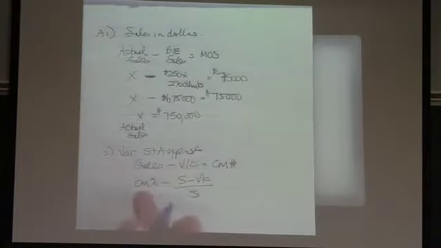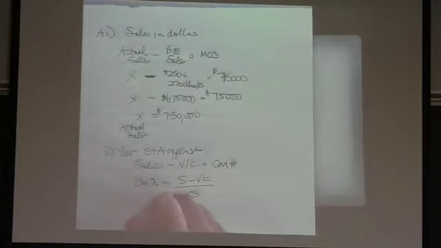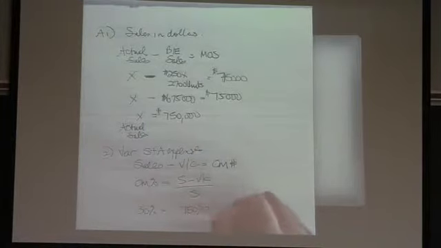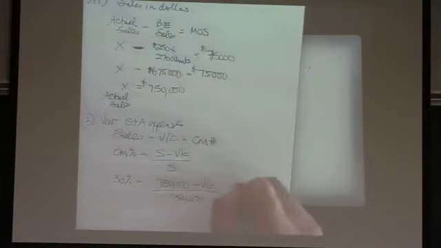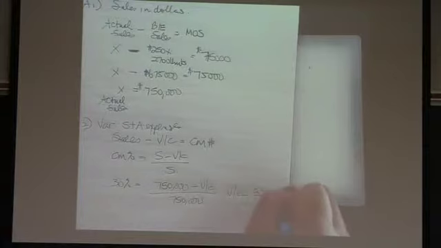So we do know the contribution margin, don't we? That was 30%. So 30% equals sales, which we just figured out was $750, minus variable cost, divided by $750. So variable cost gives us $525.